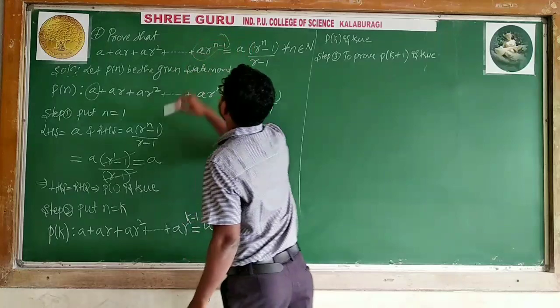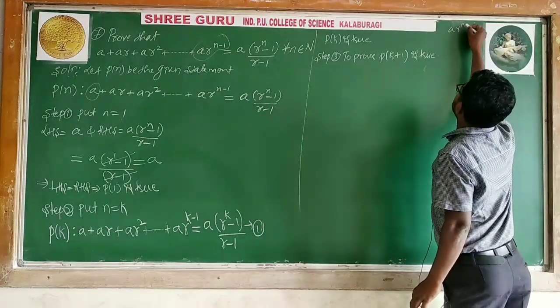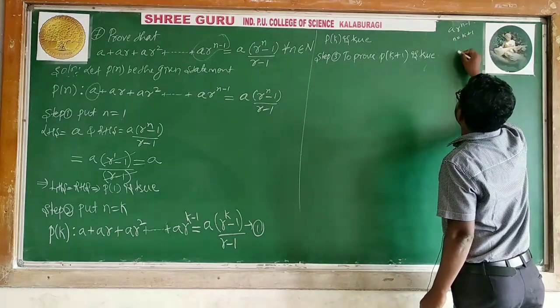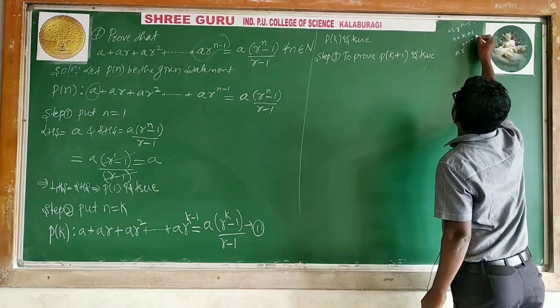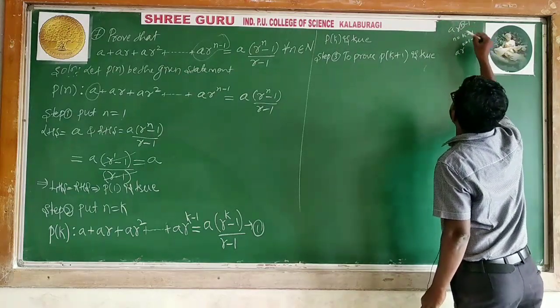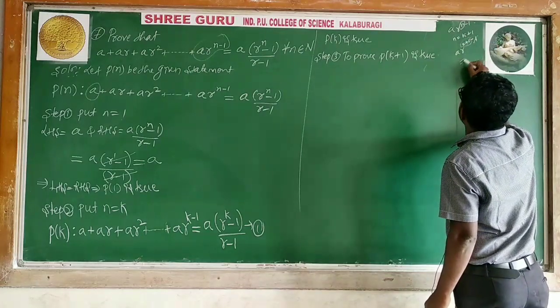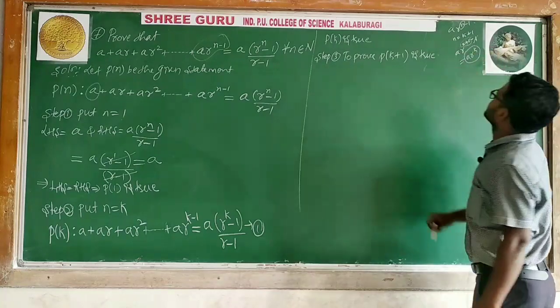I will write roughly here: a r to the power n minus 1. With n equal to k plus 1, a r to the power k plus 1 minus 1. The plus 1 and minus 1 cancel. What remains? A into r to the power k. This is the addition term.